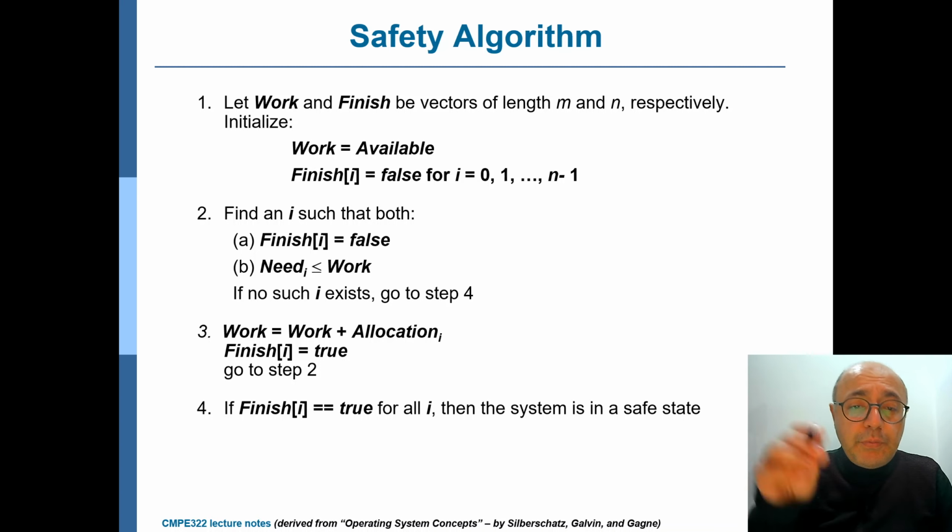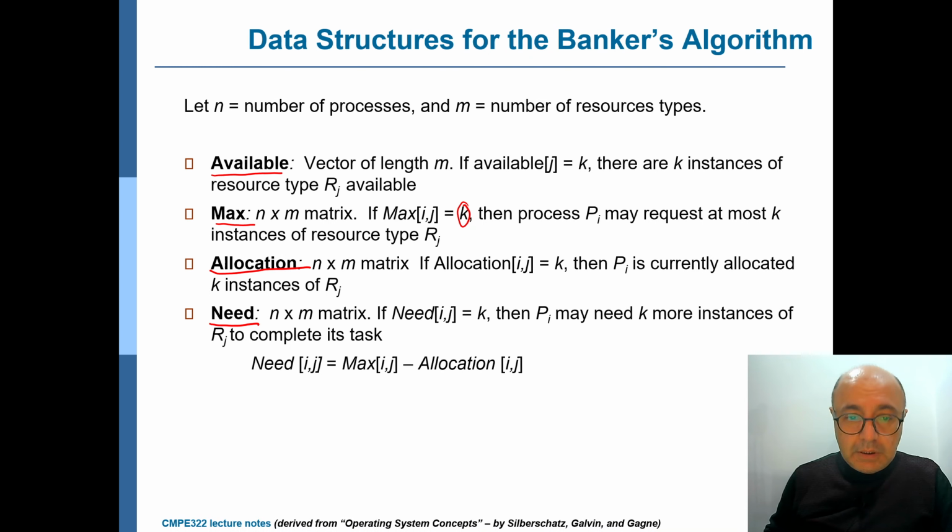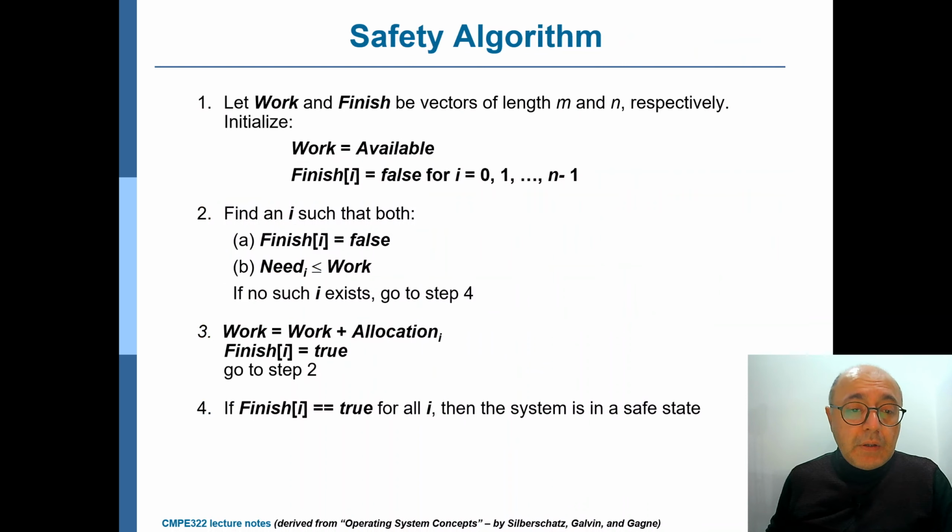we are going to make use of the available vector from here, okay? But we are going to modify it to see if we are in a safe state or not. So we don't want to change the available vector at the moment, because we are not sure whether we will really take that step or not.